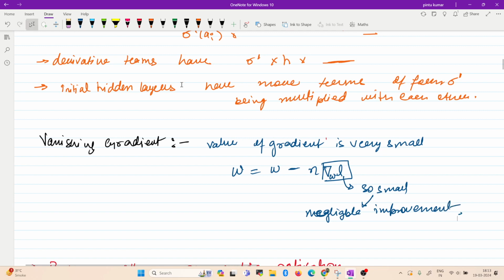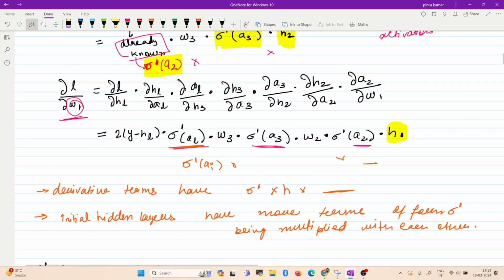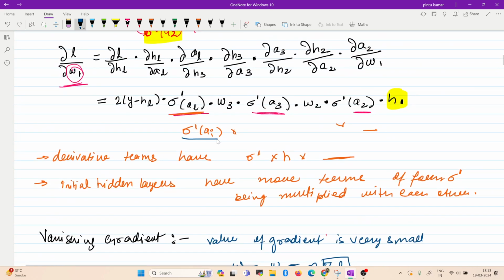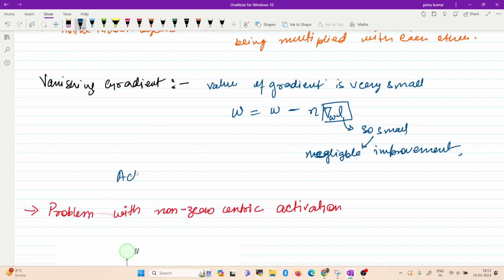Now, if you look at it from the perspective of what we have just discussed a few moments ago, if you have these sigma dash values, for some activation function for which your gradients are small, by small I would mean something like 0.01, or it can be 0.1 also.